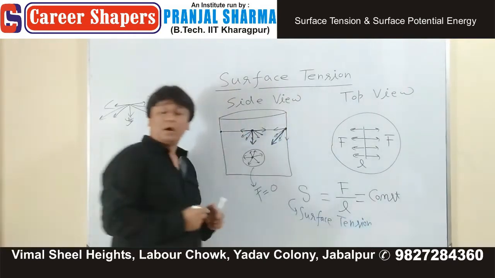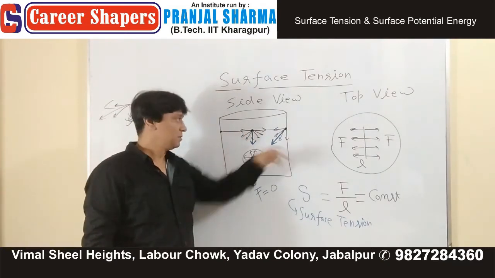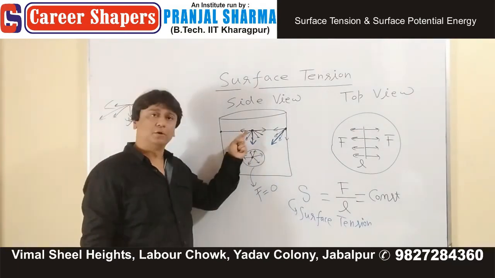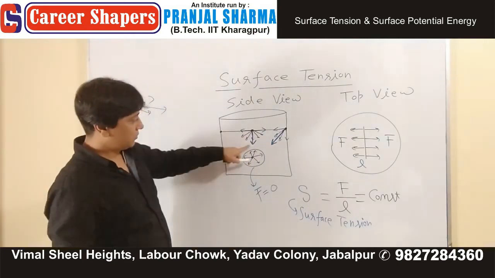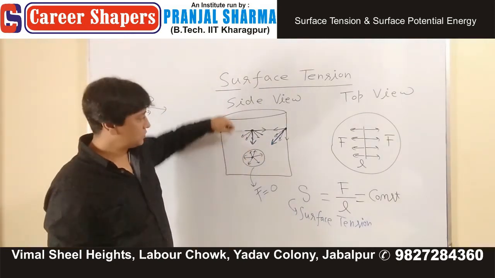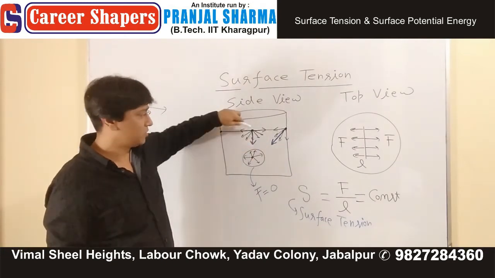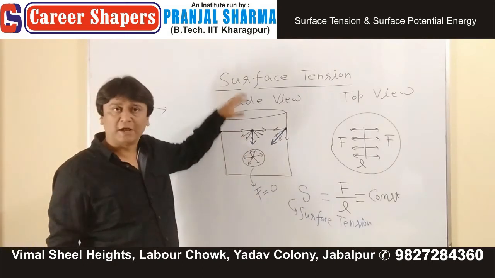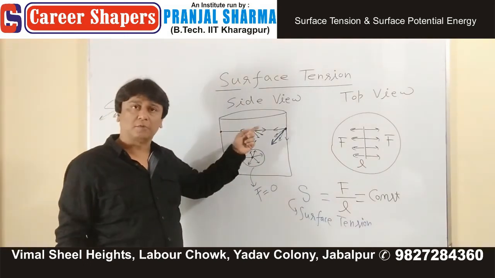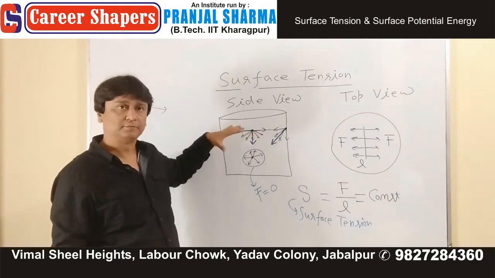So look how each and everything is developing in this setup. The top molecule, it's being pulled down. This downward force is resultant of all the forces which are acting on this. Because of this force, it tries to come down, but it cannot because of incompressibility, thus producing a surface.